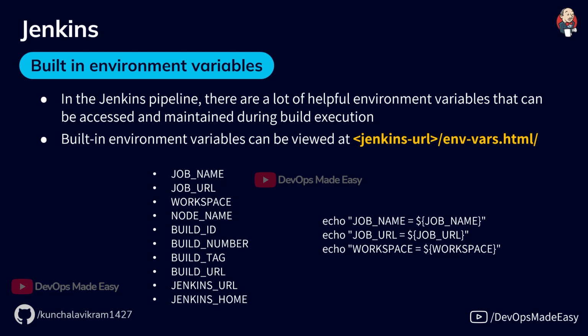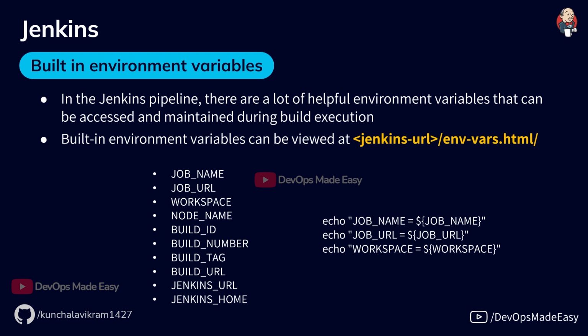At the Jenkins URL, let's say Jenkins is running on a DNS name, www.jenkins.com. After jenkins.com, you can put a slash and env-vars.html. Jenkins is going to show you all the environment variables that are available.